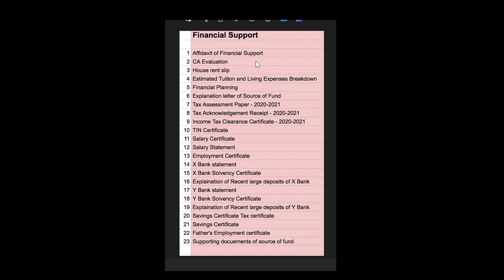And then house rent slip. You understand? House rent slip. What does that mean? That is a kind of income, right? So a person who has income from house rent is uploading a document of house rent slip, so that the income will be visible. Just like that, everything else, like estimated tuition and living expense breakdown, yes, you should also break down your tuition and living expenses here, although it is not required.